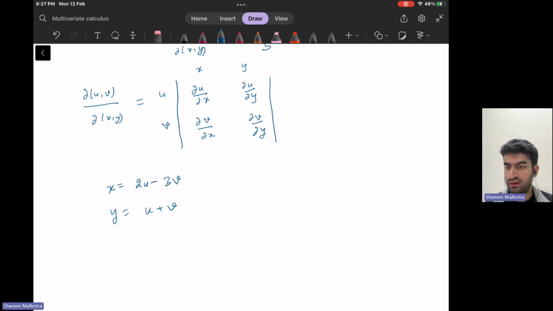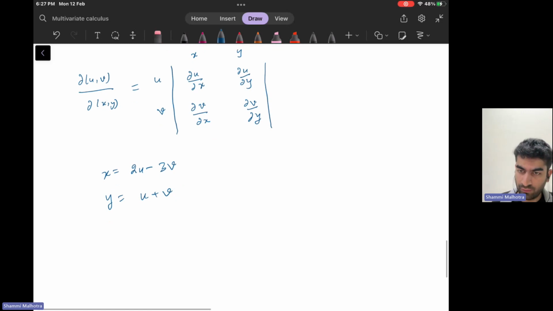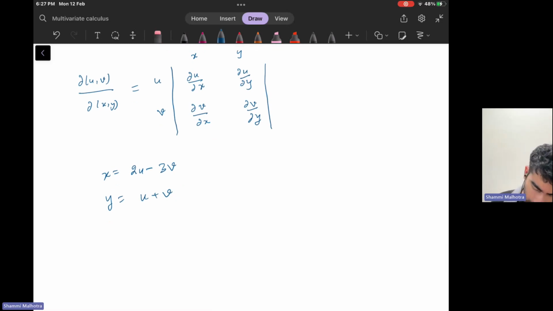So what we can see here is that we have to write u and v in terms of x and y only. Let us see how we can represent u and v in terms of x and y. If I multiply the second equation by 2 and subtract, this gives me x minus 2y equal to minus 3v minus 2v. So this is minus 5v, and this implies that v is nothing but 1 by 5 of 2y minus x.